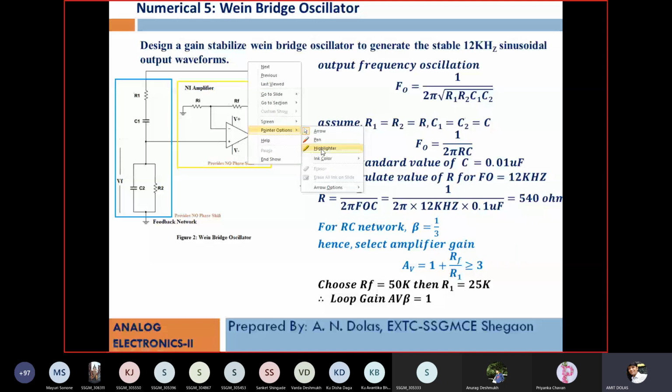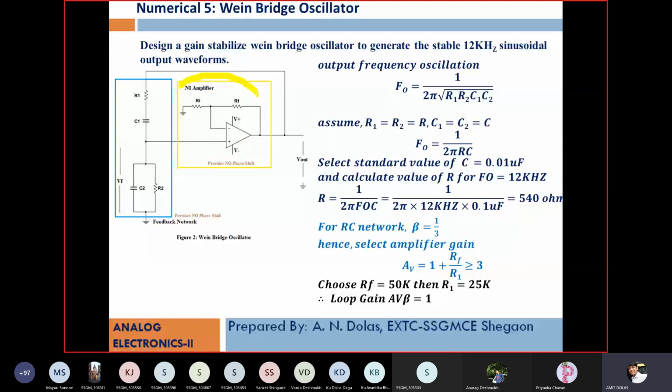This is the Wien bridge oscillator, where you can see, I'll just remind the theory. A non-inverting amplifier is used. Therefore, if the input is positive, the output is also positive. There is no phase shift provided by this. So if there is no phase shift provided by this, your feedback network containing R1 C1 and R2 C2 should not provide any phase shift.